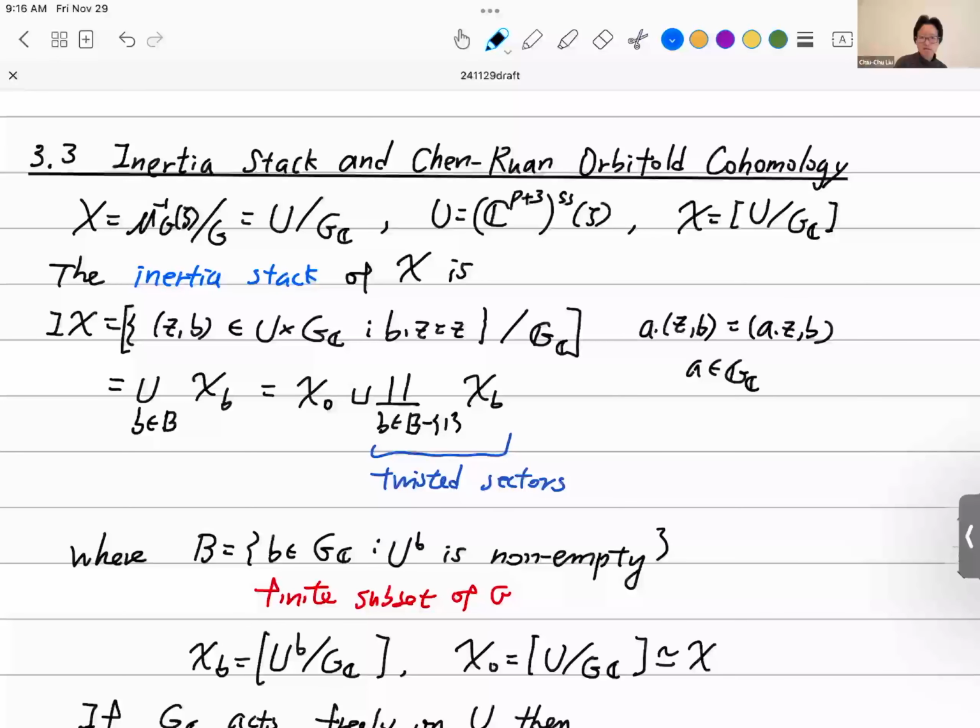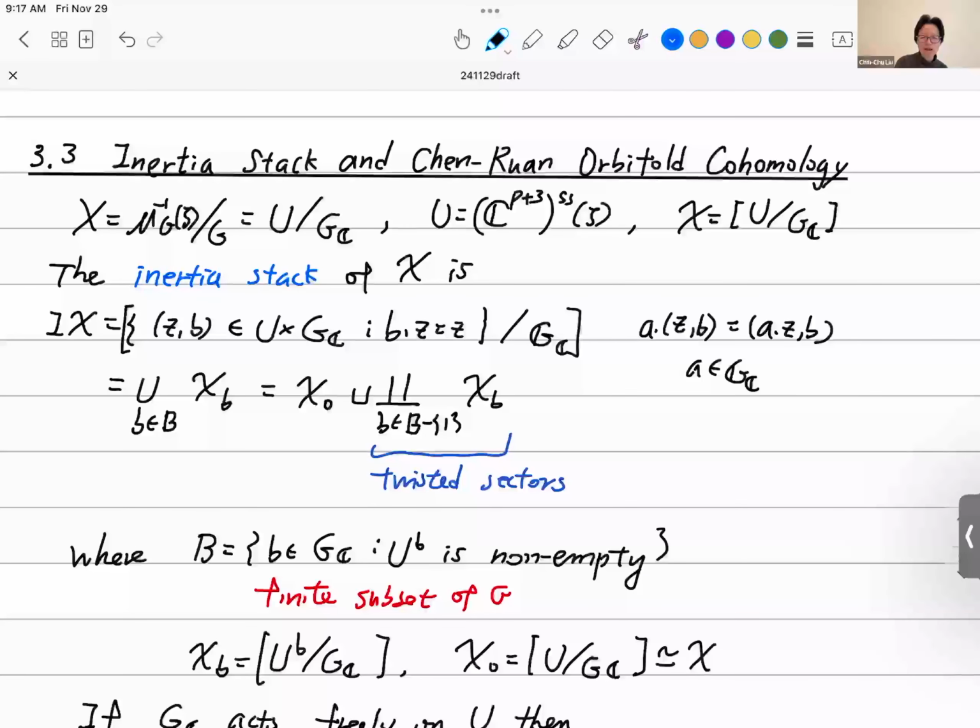And now, because of the condition that there's only finite stabilizer, it turns out that if you look at the group elements that have a non-empty fixed point in U, the semi-stable locus, there are only finitely many of them.